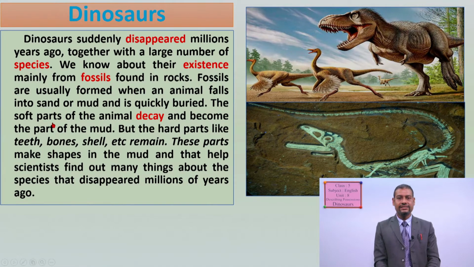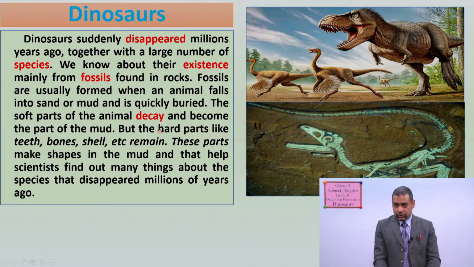The soft parts of the animal decay and become the part of the mud, but the hard parts like teeth, bones, cell, etc. remain. These parts make shapes in the mud and that help scientists find out many things about the species that disappeared millions of years ago.